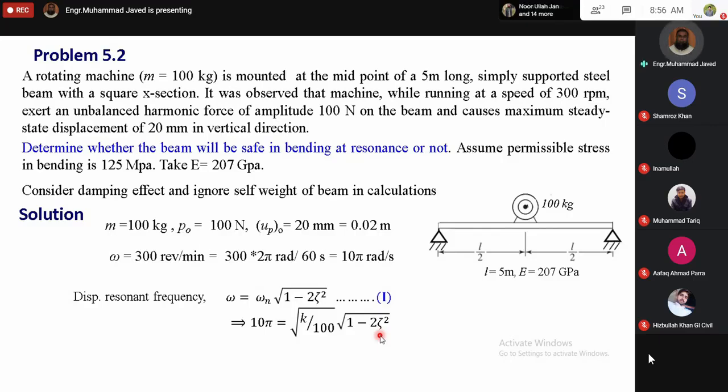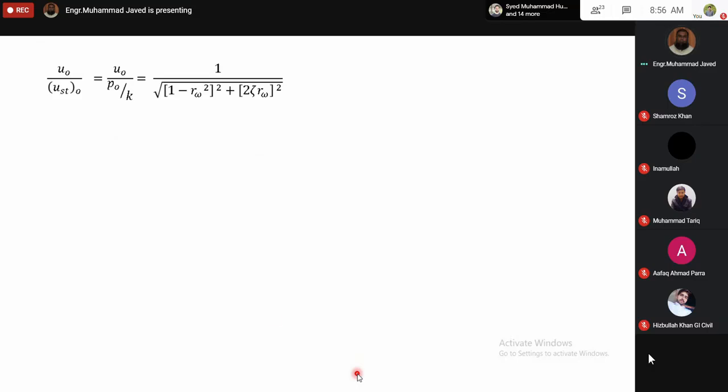So another equation can be developed by writing the expression for steady state displacements. This is the simplified version. If we write the steady state displacement equation in a damped system, static deformation at resonance is u naught by u(t) naught, sorry, this is not at resonance.